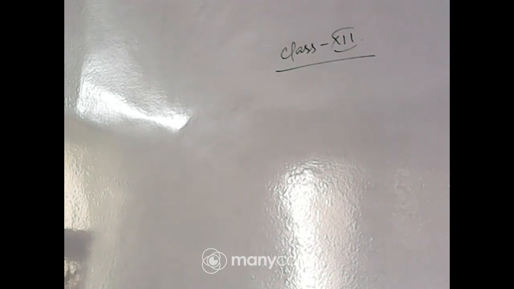Now another one. The Haber process is deleted from the syllabus. Why is ester hydrolysis slow in the beginning and becomes faster after some time?